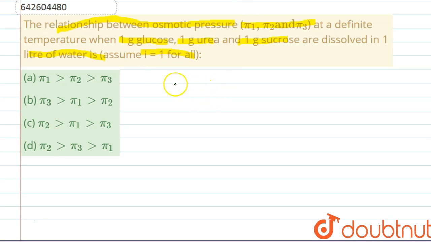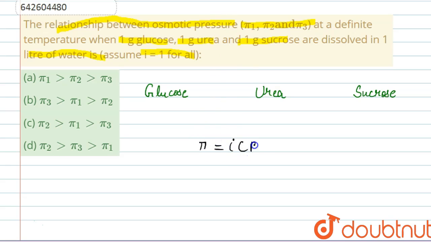Now we are given firstly glucose, then we are given urea, then we are given sucrose. Now these are the three compounds we are given. Now we know that osmotic pressure, represented by pi, is equal to iCRT.